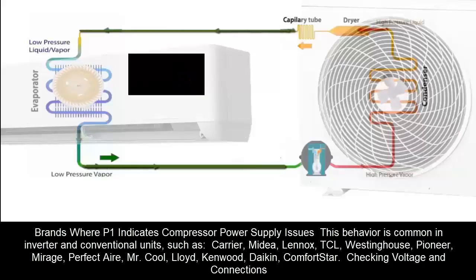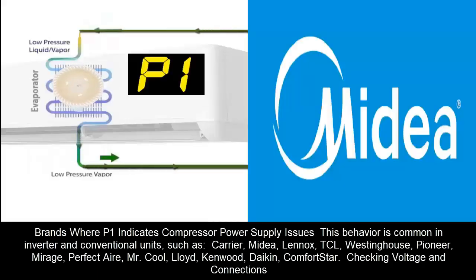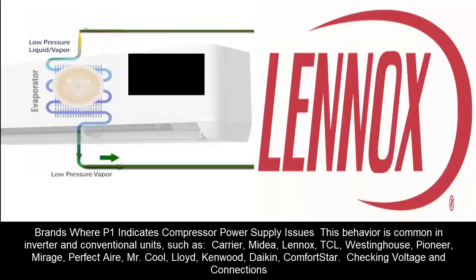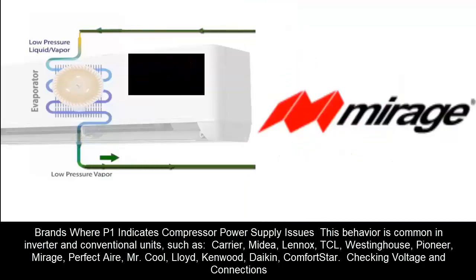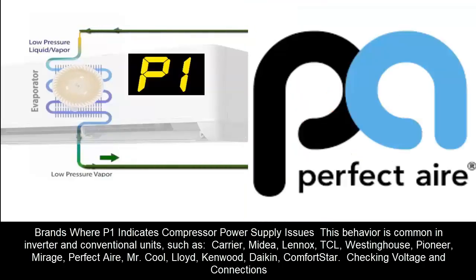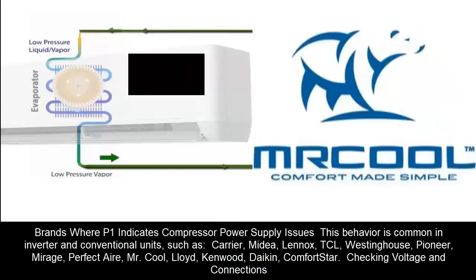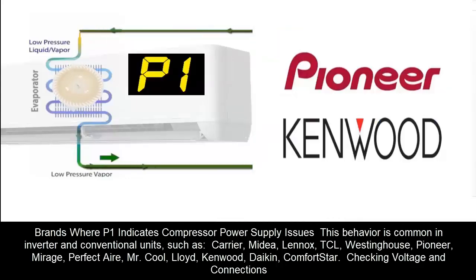Brands where P1 indicates compressor power supply issues: this behavior is common in inverter and conventional units such as Carrier, Midea, Lennox, TCL, Westinghouse, Pioneer, Mirage, Perfect Air, Mr. Cool, Lloyd, Kenwood, Daikin, Comfort Star.